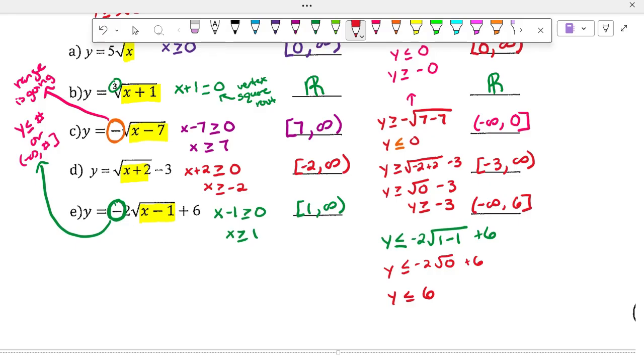So this would be some number plus 2 and not be a negative number if we evaluated it. That's why we set it as greater than or equal to 0, because we know for a fact that we can take a square root of 0.